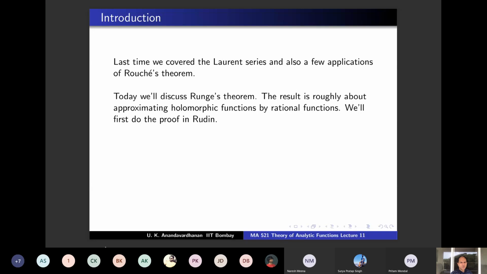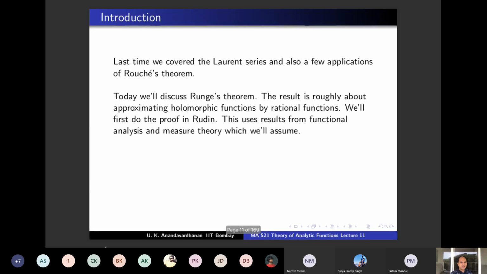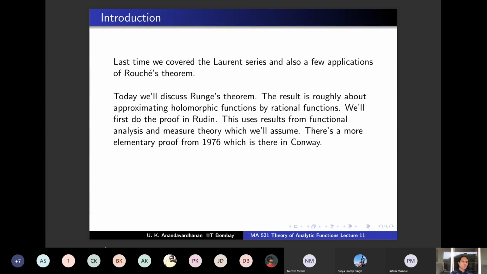We will first do the proof in Rudin, which uses functional analysis and measure theory, which we will assume because proving all that will take some time, but I will state it in a way that you can easily remember. There is also a more elementary proof. I did not know the history till yesterday, though I had looked at Conway before.